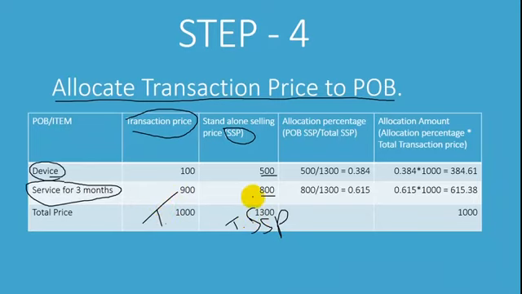So now before calculating the allocation amount, we have to calculate the allocation percentage. The formula for allocation percentage is POB SSP or item SSP divided by total SSP. In our case, for the device, SSP is 500 and total SSP is 1300. So we are getting this percentage 0.384.